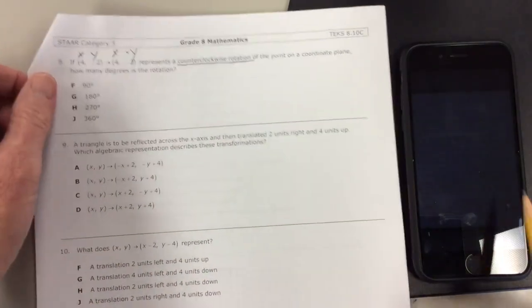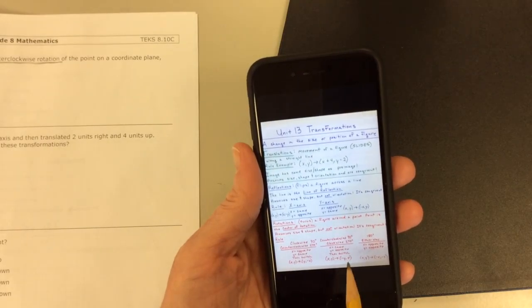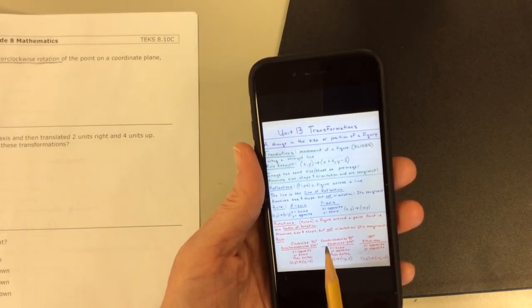Okay, so we're looking for an (x, negative y). Here's an (x, negative y). So it's going to be counterclockwise 90 degrees.